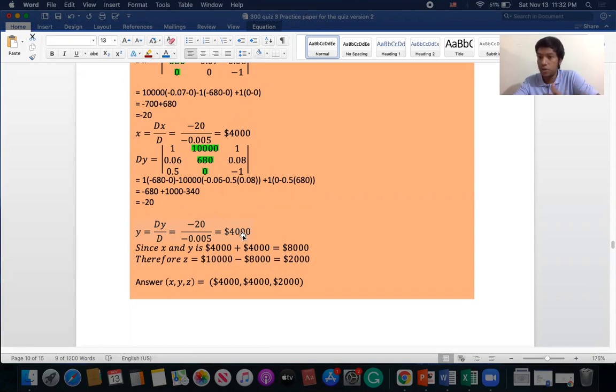She has a total of 10,000, so the Z answer will be 2,000. That's why we do not have to calculate Z. If you do the Z part by reasoning, you do not have to do the calculation.